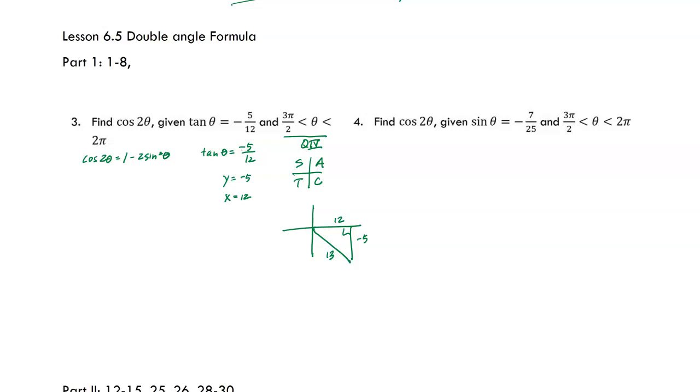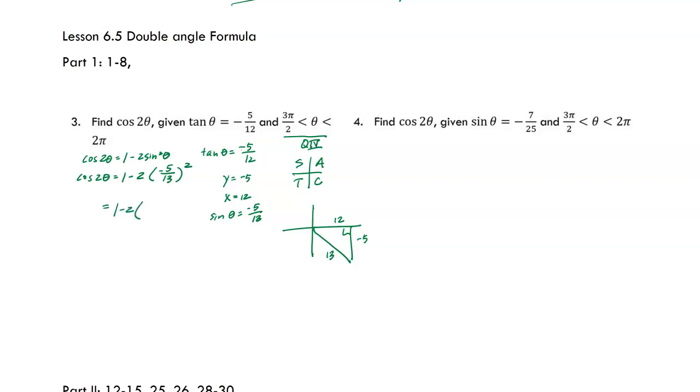And so therefore, my sine of theta is going to be y over r, which is negative 5 over 13. And the cosine of 2 theta equals 1 minus 2 times negative 5 over 13 squared.